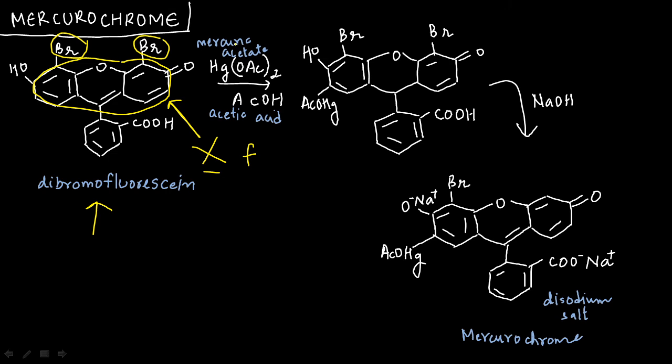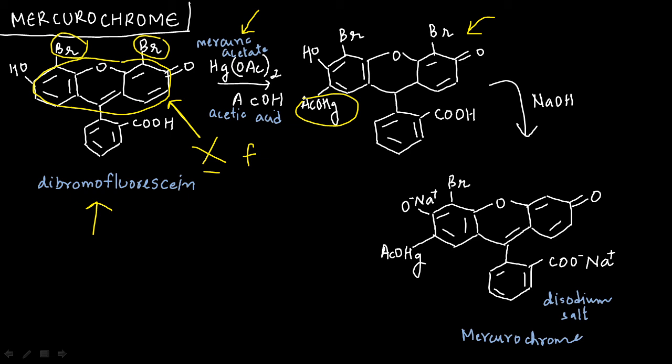And the substituent we have is mercuric acetate. We are trying to form a disodium salt. The first intermediate is dibromohydroxymercurofluorescein.